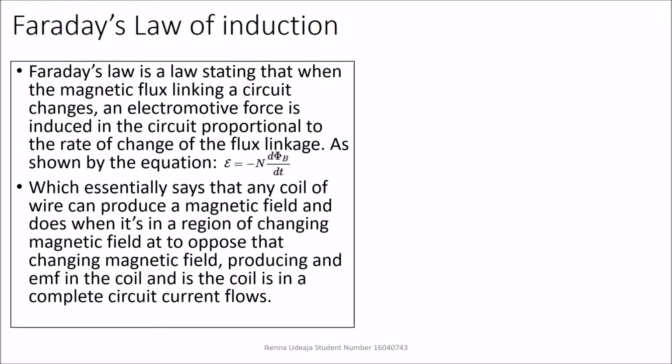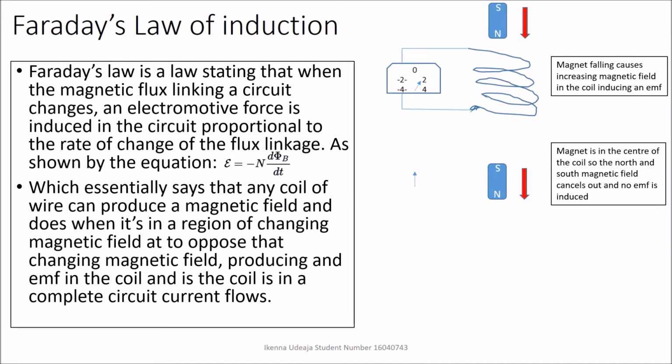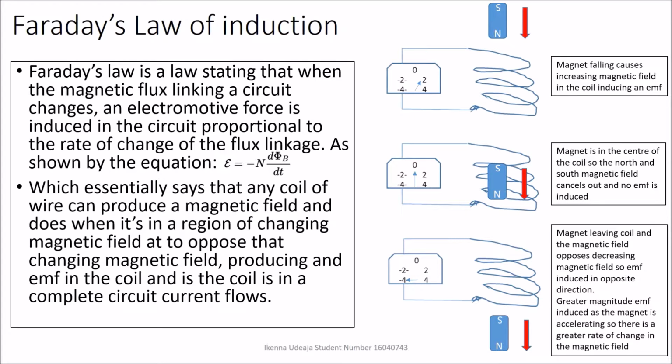This can be visualized in the following chain of reactions, in which a bar magnet falls through a coil. As it falls into the coil, there's an increased magnetic field, so a positive EMF is induced. While it's in the center of the coil, the south magnetic field and north magnetic field cancel out, so no EMF is induced overall.